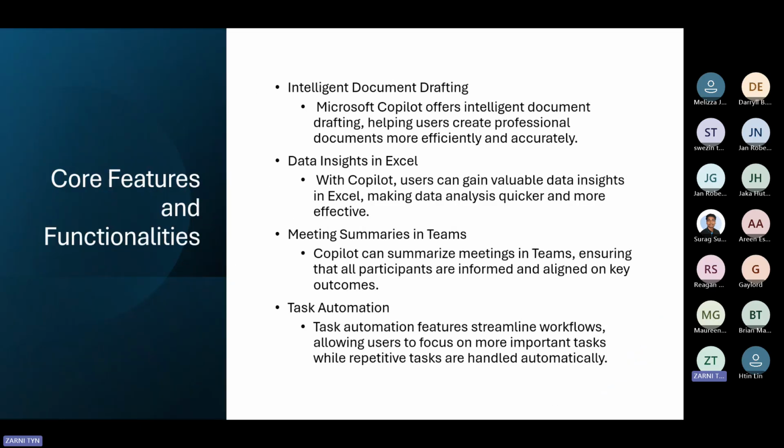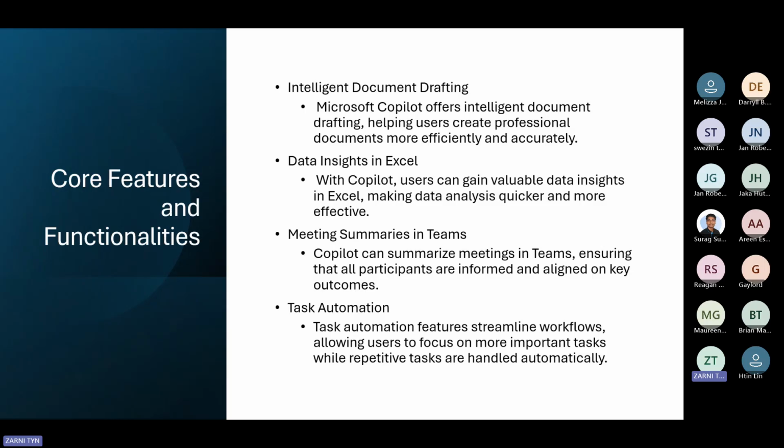And then you can see this is the core features and functionality. It is a four-item list. The first item is intelligent document drafting. If you use Microsoft Word, then you can draft a document. Microsoft Copilot offers intelligent document drafting, helping users create professional documents more efficiently and accurately.